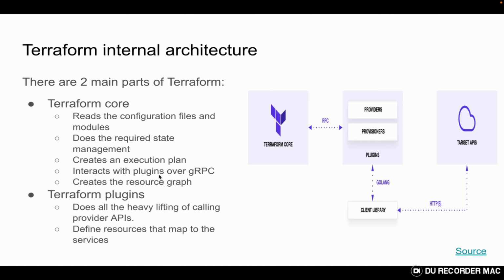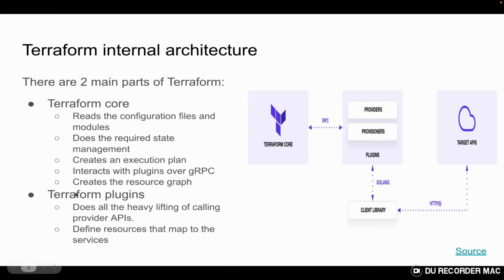Then it interacts with the plugins over gRPC, which is a remote procedure call. This is how the core part of Terraform interacts with the plugins. The components of Terraform are written in the Golang language, and this call happens through gRPC.